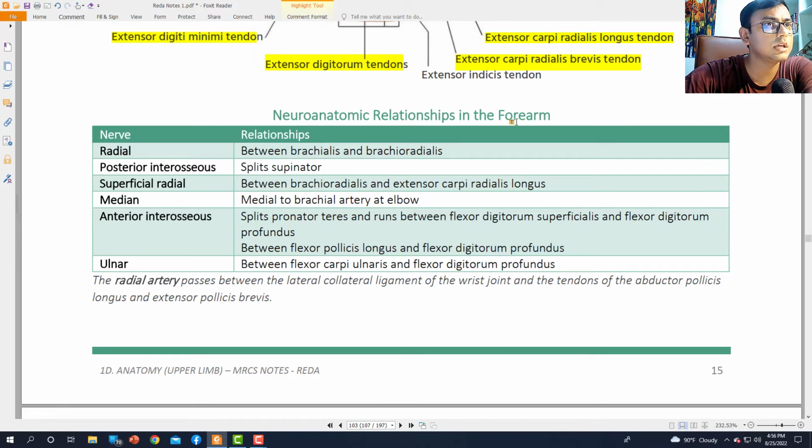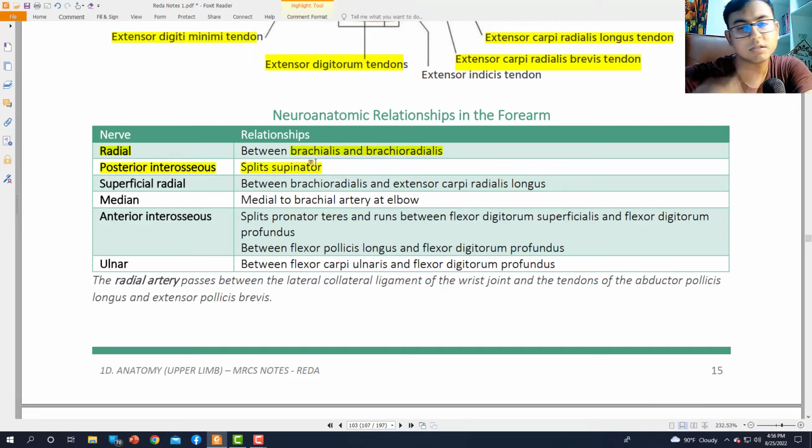Now the relationships of the forearm. What structures are related to the vital structures? That is one of the important questions. The radial nerve goes between brachialis and brachioradialis. The posterior interosseous nerve splits the supinator muscle.